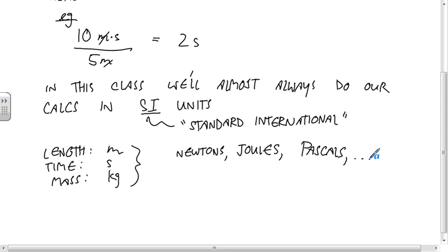Okay, so in this class, what I would recommend you do, and what I'm always going to do in calculations, is if I give a problem that's in some other kind of units, like say a distance is given as 50 miles, the first thing I'm going to do is convert the 50 miles into however many meters that is. And then I'm going to do all the calculations in SI units.